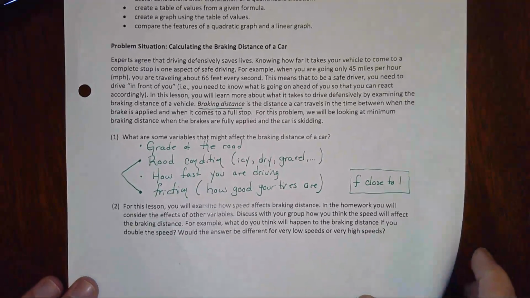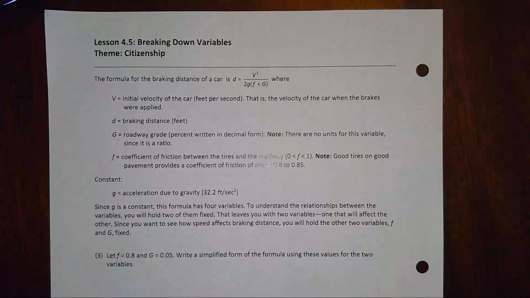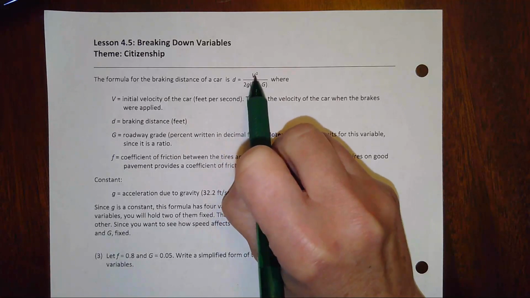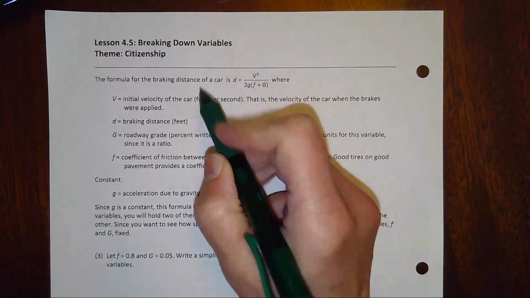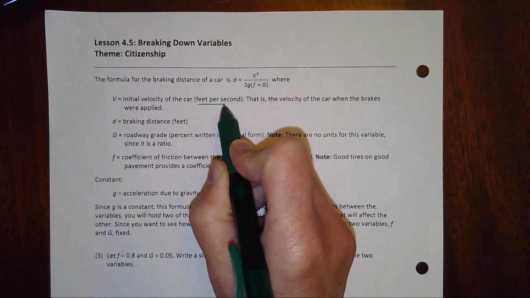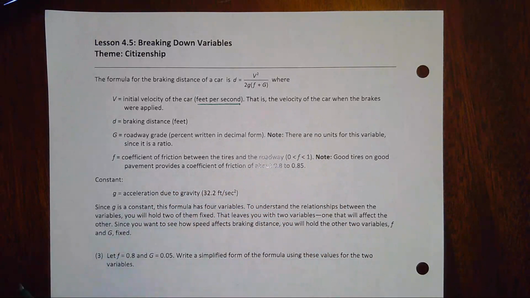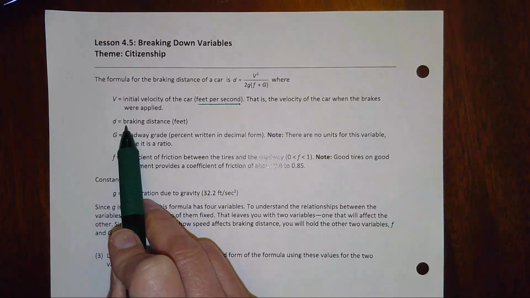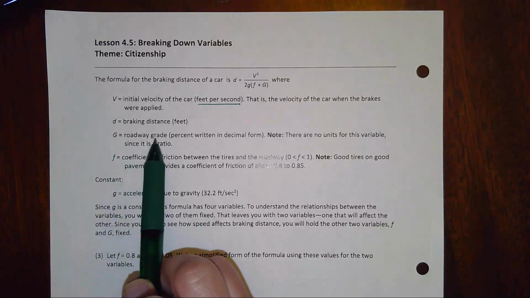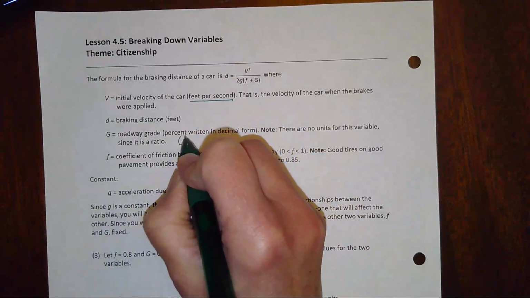Okay, so let's look at the formula. See how all these come into play. So D is braking distance. V is velocity, but you have to keep in mind that it's in feet per second and not miles per hour. D is braking distance in feet. G is the roadway grade, right? So that's how steep the road is.